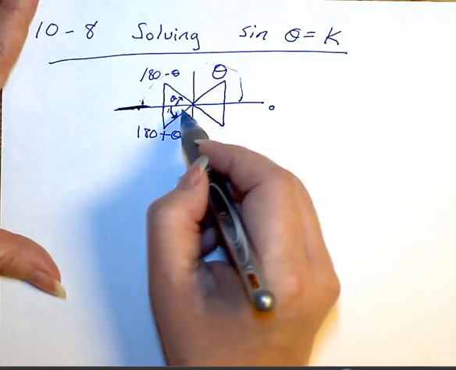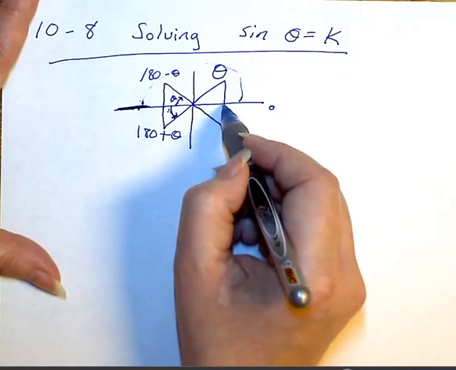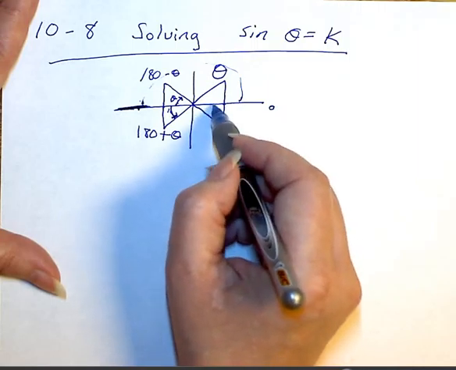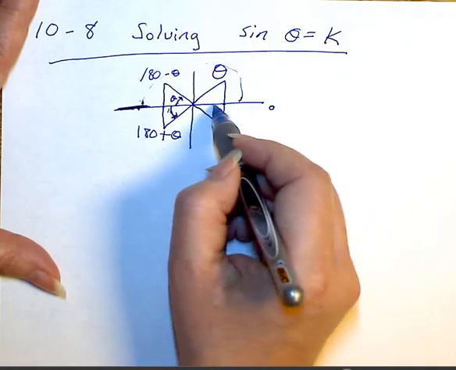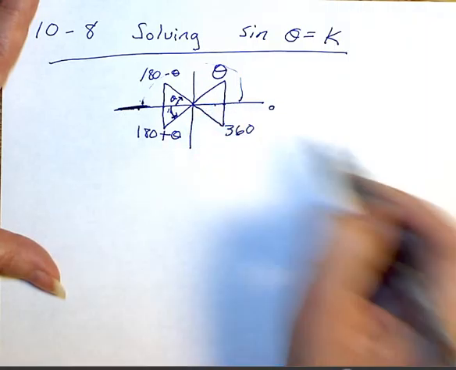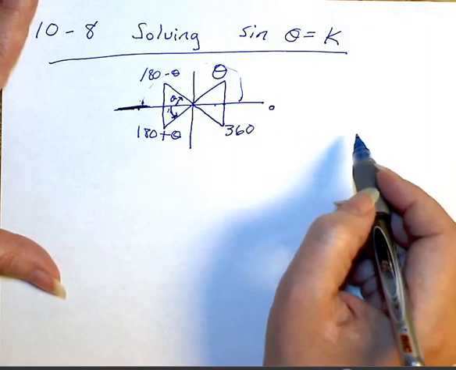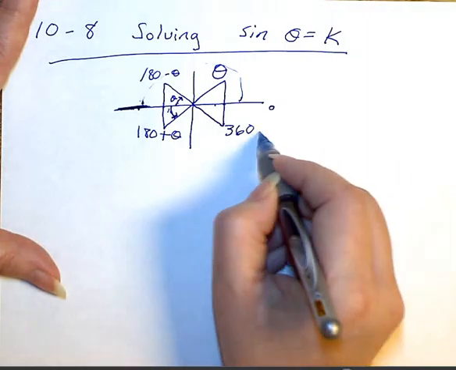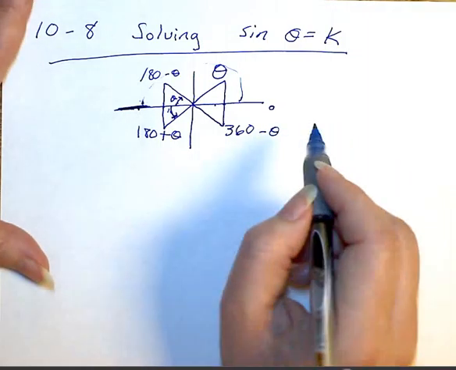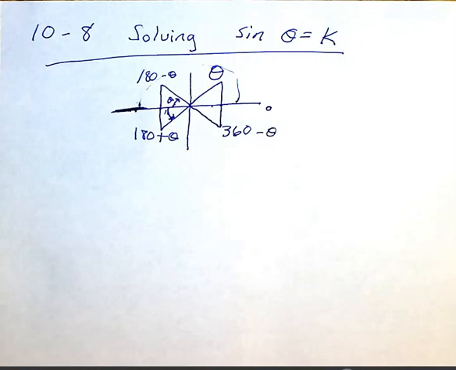This one right here, remember you're always going to the x-axis, so this one is 360 minus theta. So here we have 360 minus my theta.